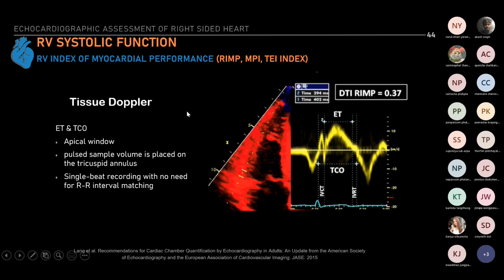And the tissue Doppler method measures from a single beat, so there is no need for RR interval matching.